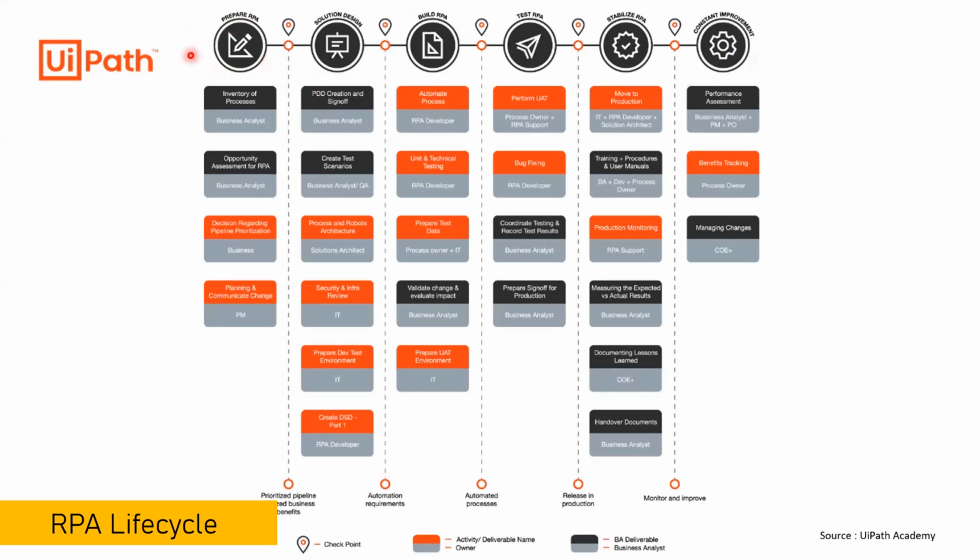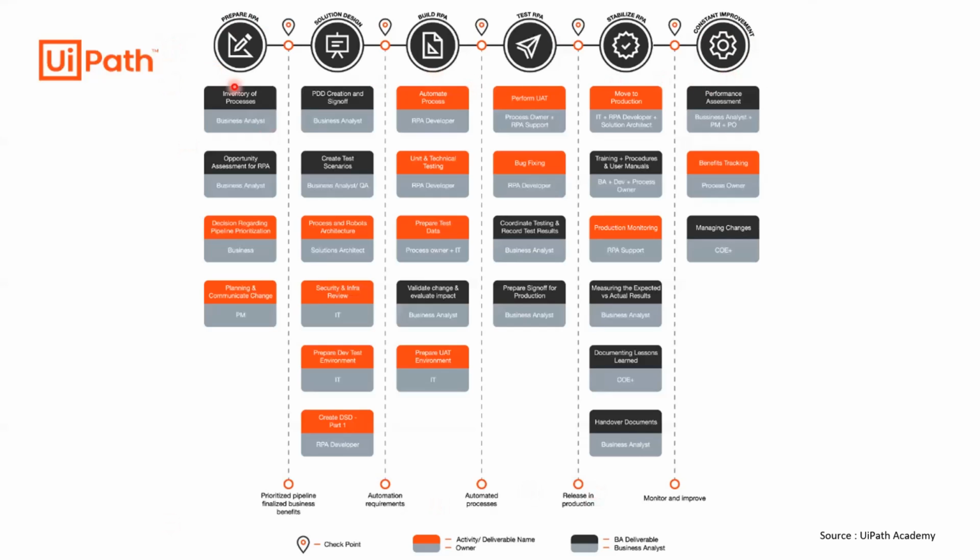Which means that first of all, we prepare for the RPA, then we design the solution. Then we develop the solution. Then we test it, stabilize it, right? That means before moving to production, we need to stabilize. And then once it is deployed, we make sure that we continuously monitor and do the improvement whenever it is coming, right? So this is an RPA lifecycle, which looks something like this, right?